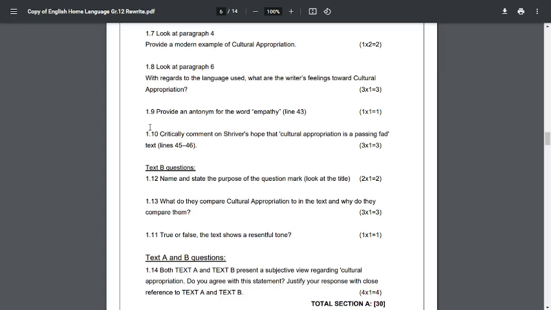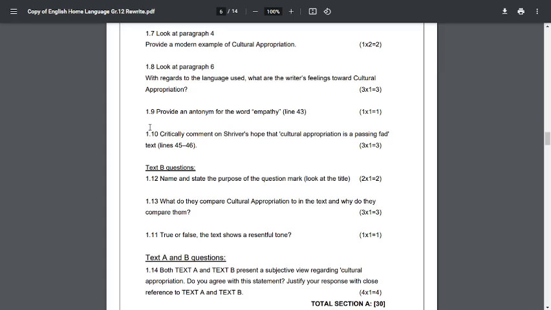Or you can say what she is talking about is not cultural appropriation. She is using, for instance, cultural appropriation to refer to cultural borrowing, and that makes it seem ridiculous. Or whatever you might want to write, essentially.